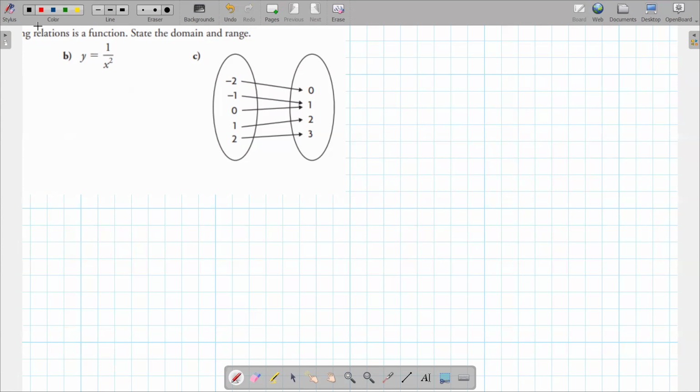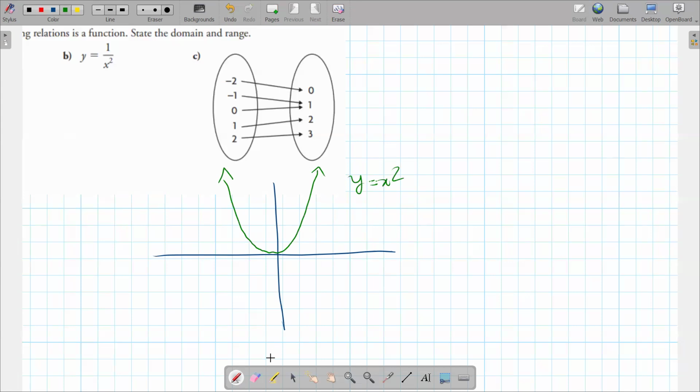So now the goal is we want to see whether this is a function or not. Let's graph it. So how do you graph a reciprocal function? Always start with the baseline, the parent function, I mean, when I say baseline. So y equals x squared is your baseline, the parent function. What we're going to do is make a rough sketch of y equals x squared. Looks like this. Now we want to graph 1 over x squared.